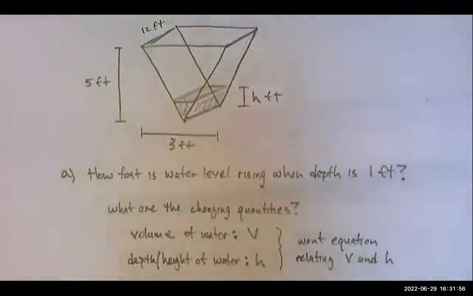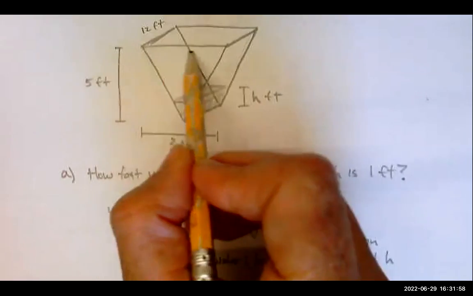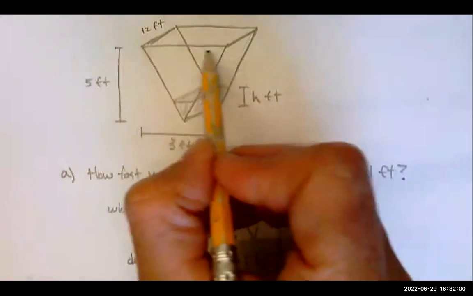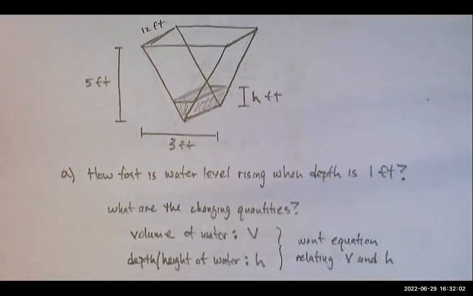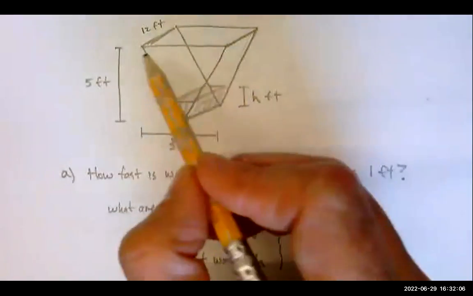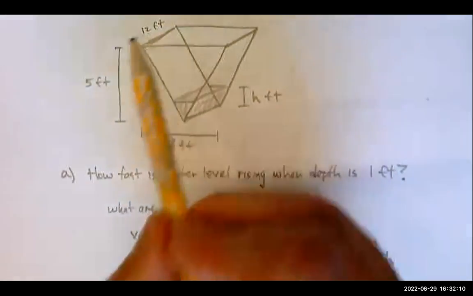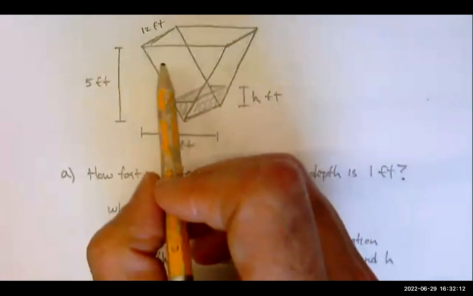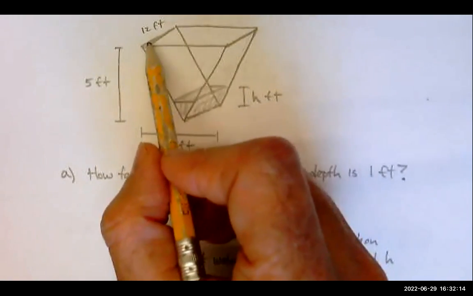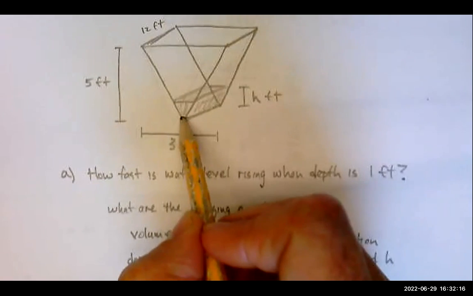Here's what we want to do. I'm going to recreate just the front of this trough, that triangle in front. How can I get away with that? So we know that the length of the trough is always 12. That's always fixed at 12.